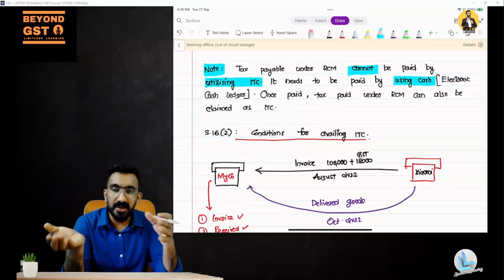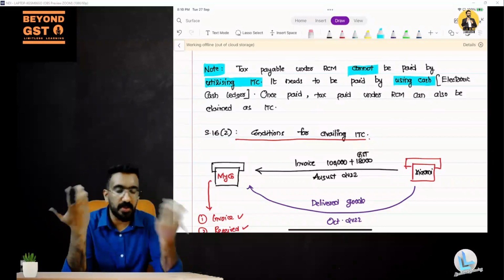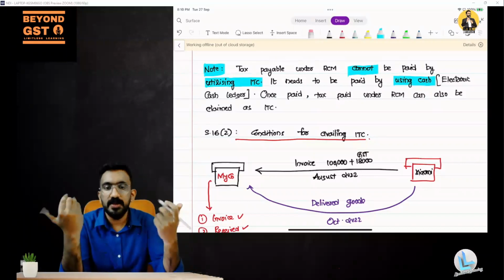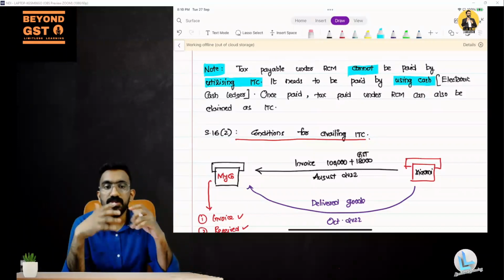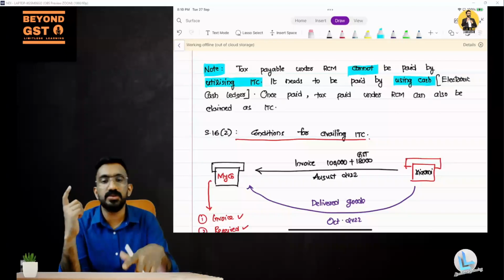So when you're purchasing something, you cannot utilize ITC for paying that money. You're just paying taxes under RCM. It's just tax paid on your purchases. So it needs to be paid by using cash only, which means you can only use the cash ledger, which means you'll have to deposit money and then utilize that.